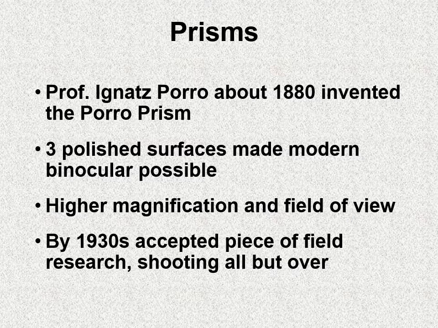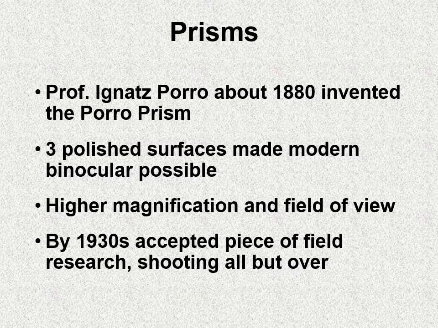Now in 1880, Professor Ignaz Porro, who was a detective, I think, about 1880 invented that prism. It was cheap to make, had 3 polished surfaces. It made modern binoculars possible to get higher magnification, bigger field of view, and much brighter images.